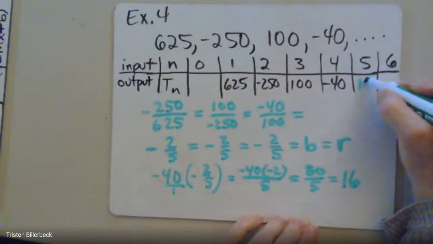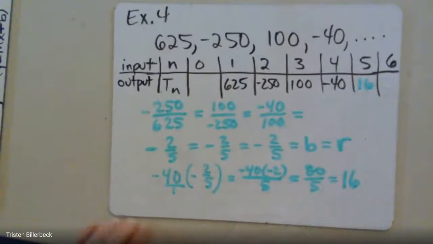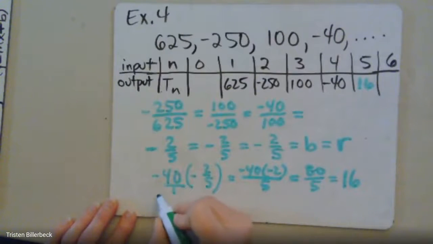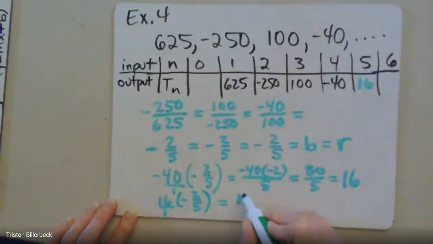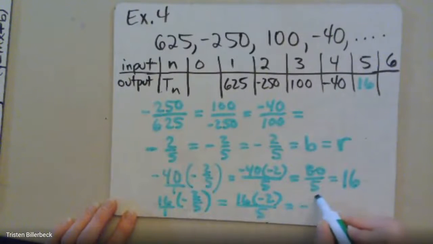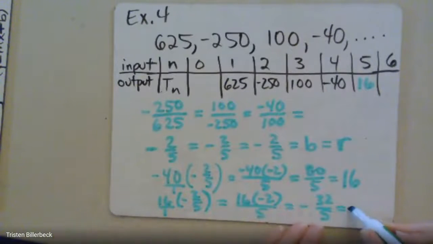So we can write a positive 16 there. Now, if we do this one more time, we have 16 times negative 2/5. We'll put a 1 under that. So we have 16 times negative 2 over 5 equals negative 32 over 5, which ends up negative 6 and 2/5.